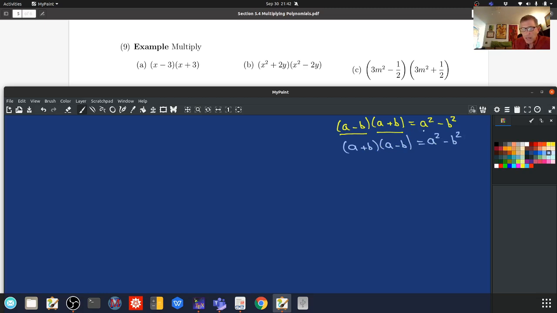Notice I'm not allowed to switch the order of these two terms, because a minus b in general is not the same thing as b minus a. Just check it out. 5 minus 3 is equal to 2, and that's not equal to 3 minus 5, which is equal to minus 2. So I get a negative sign error.